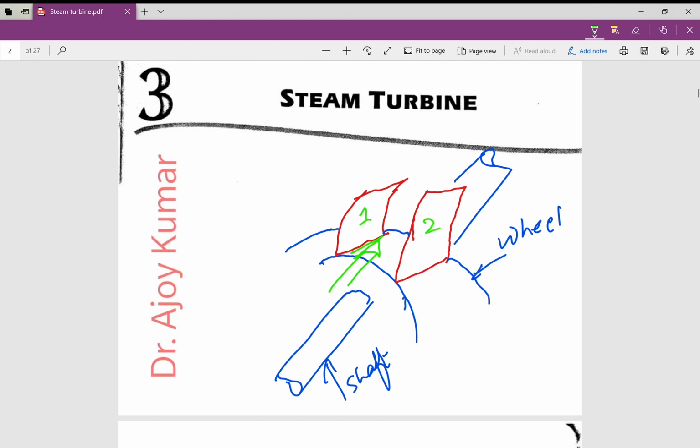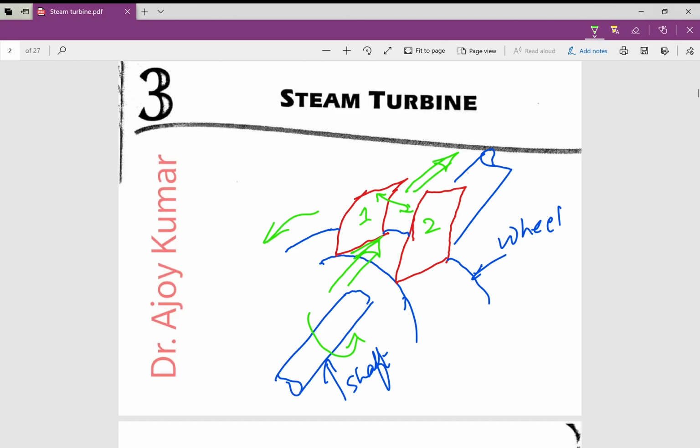These two consecutive blades are there, and after entering the space of these two consecutive blades, this steam goes out, and henceforth this whole wheel rotates in this direction. That is, this shaft rotates like this.